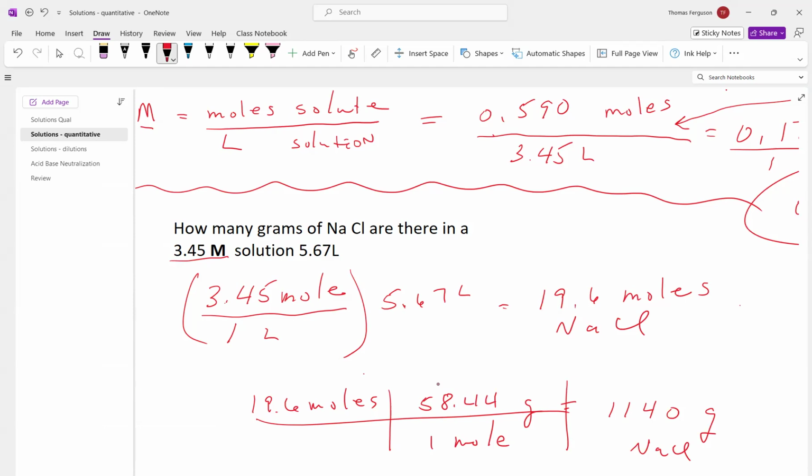No, it's 1.14 times 10 to the 3rd, because I got 1.14317. Now, if you go back up to here, I rounded to 3 places here.